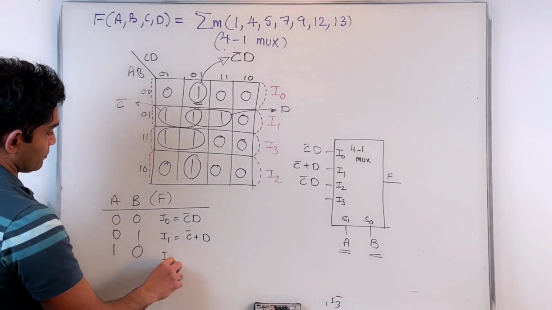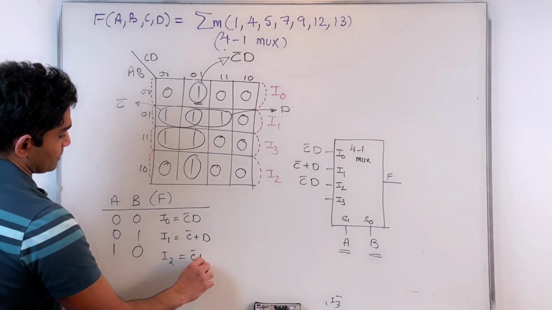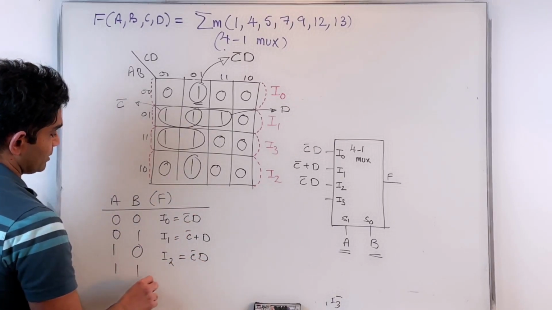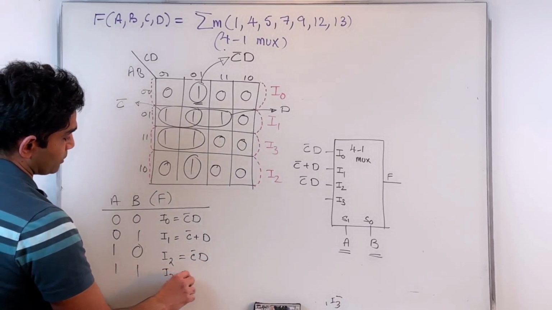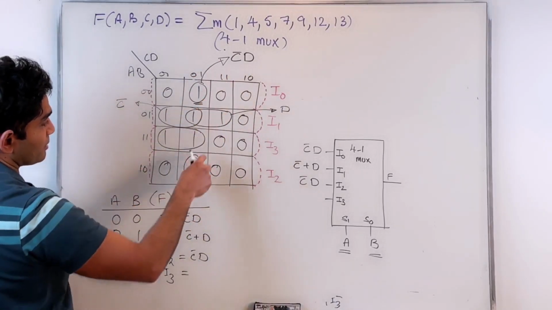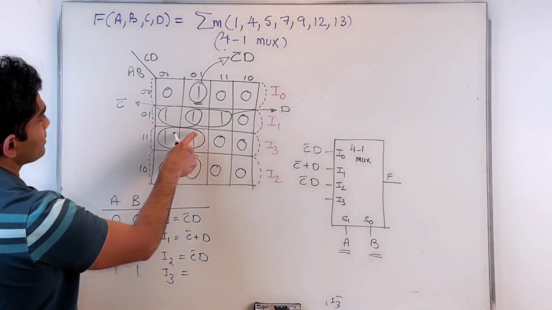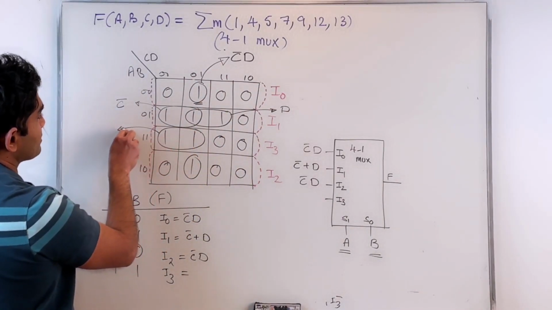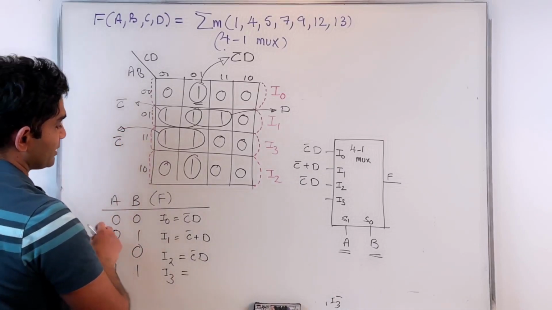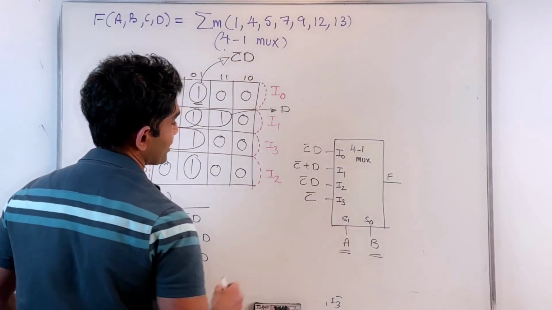So I2 is the one that is routed, and I'm applying C prime D to I2. Then for 1, 1, I3 is the one routed to the output, and as long as I apply C prime on my I3, I get the right function.